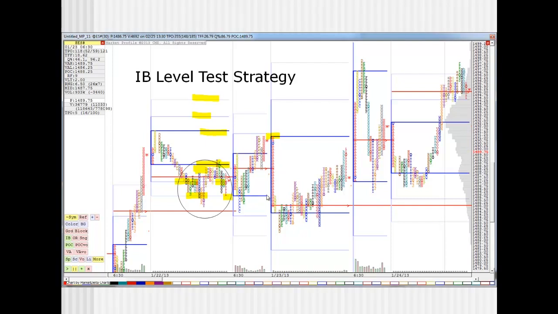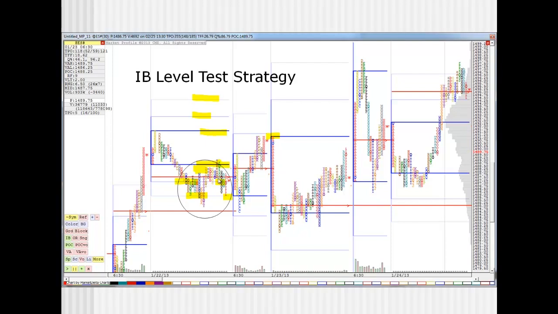Now, one of the nice things about this strategy is that identifying the risk management parameters is very easy. When we have two consecutive failed tests, right away we know that we can put our stop loss right at the initial balance low if we are going to take a short.